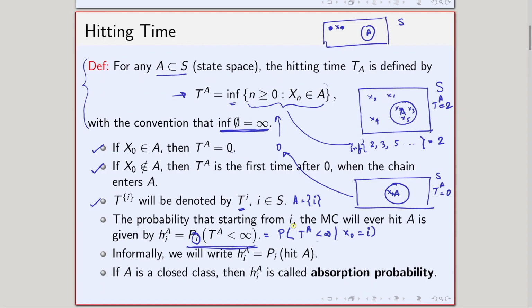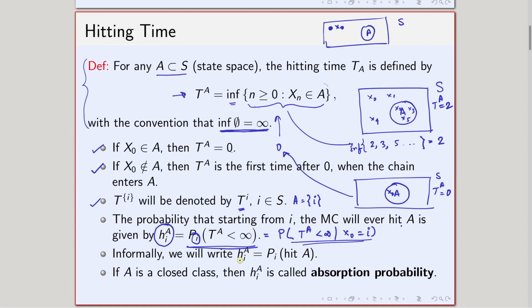Okay, so the probability that starting from I, the Markov chain will ever hit A is given by this probability, and this is the notation we are going to use in this case. It is nothing but starting from I, in finite time the process will hit the state A. Okay, and with our P_i notation we can write this in this form, or in the standard notation we can write this in this particular way.